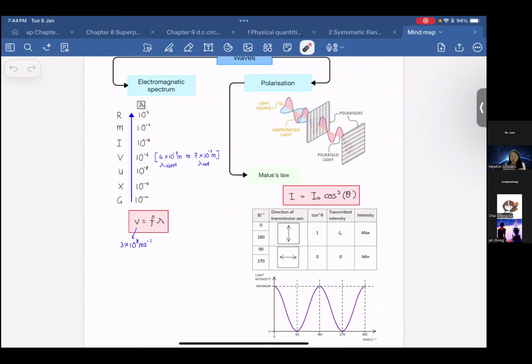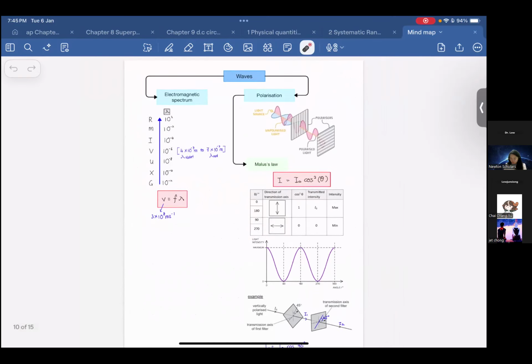But in year 12, you have to know their range of wavelength. So you need to know, for example, 10 to the power of negative 2; this one should be the microwave. You have to know this, so we will teach you how to memorize. And you have to know the frequency range. Especially you have to know the visible light, the wavelength of visible light. All this we have to know. Then one more new thing for you is polarizations.